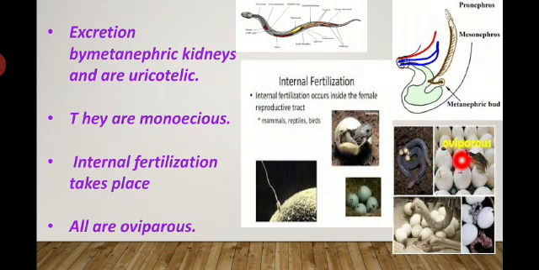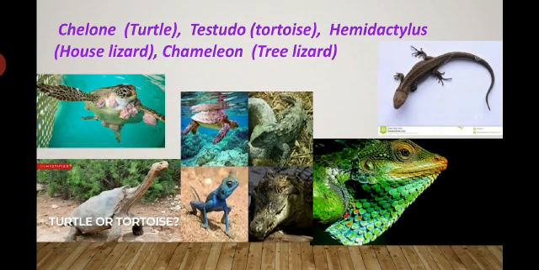This is what we term oviparous. So those capable of laying eggs we term oviparous. Those capable of giving birth to young ones we term viviparous. Is that clear?